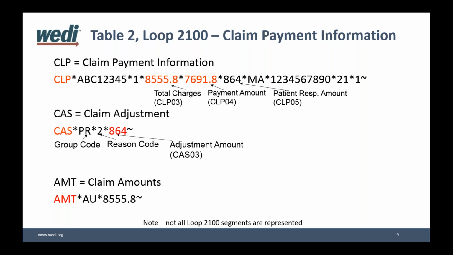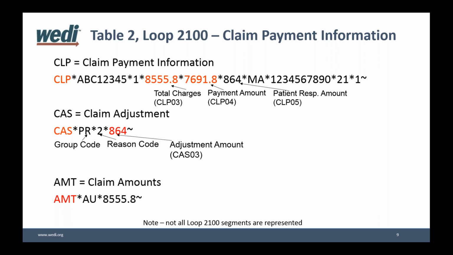Not part of formal balancing, but more of an informal balance is the patient responsibility field, and that's CLP05. And that is defined as the total patient responsibility amount. It needs to balance out to the sum of anything reported with a group code of PR. In our example here, as we follow down, there was a claim level adjustment reported that is the patient's responsibility, and that dollar amount is $864.